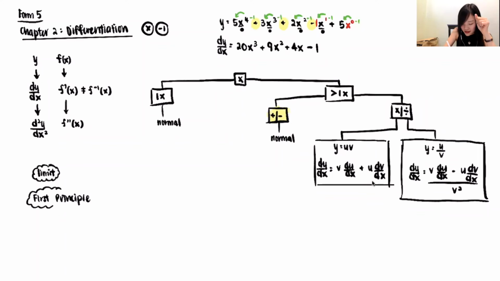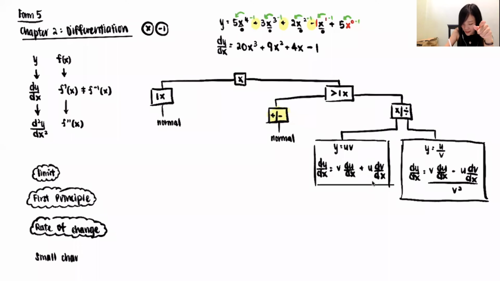Other than that, they also have rate of change, and they also have small change, which are all the ones I just stated. We are not doing them today, my dear. So today, what are we doing? Listen, today I'm doing the part that I always feel you guys are not very good at. At least that's what I think, okay?